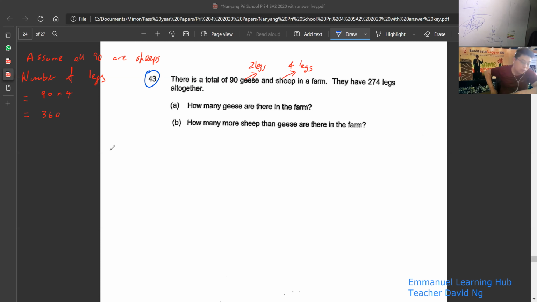Agree? Okay. But in reality, of course, not all 90 are sheep. In reality, there are some geese. Reality has 274 legs. So there's a difference, right? Okay, total difference in the legs.